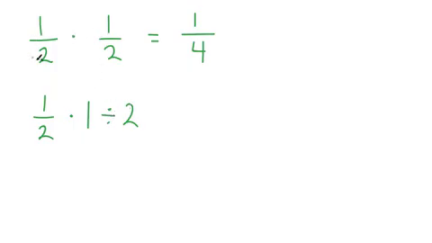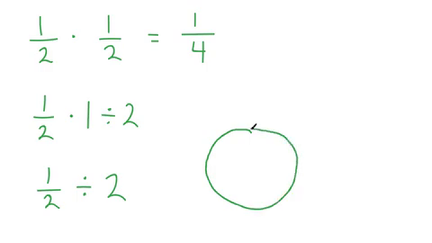And since there's only multiplication and division going on, we can move these around. 1/2 times 1 is still 1/2, because multiplying anything by 1, it stays the same. And then we're dividing by 2. Well, let's draw a picture here. If I have a circle, and I have half of it right here, and then I divide that by 2.